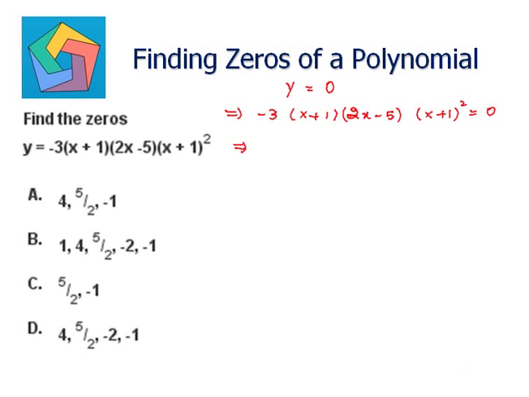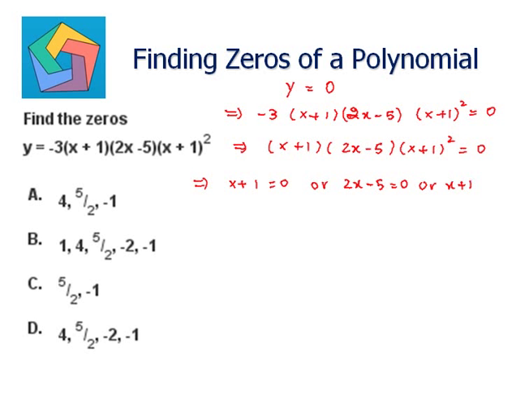This implies, negative 3 is not 0, so (x plus 1) times (2x minus 5) times (x plus 1) whole square is 0. This implies either x plus 1 is 0 or 2x minus 5 is 0 or (x plus 1) whole square is 0.